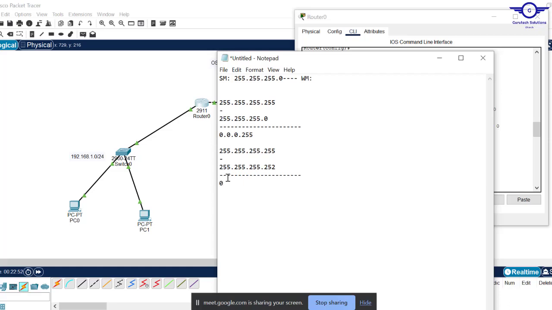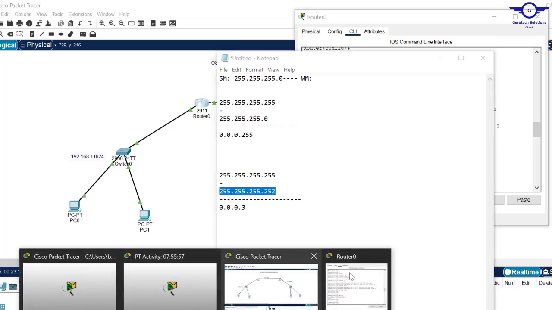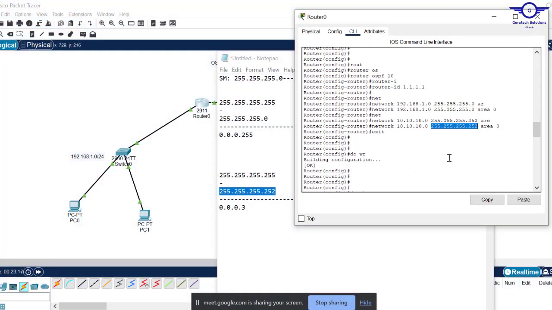This one is 0. Then 255, that's 0 also. Then 255, that's 0. Then 255 minus 252 is 3. So that's the wildcard mask of this one. It's just the inverse of subnet mask. Very, very simple. And that's what we'll be using to configure OSPF as per now.